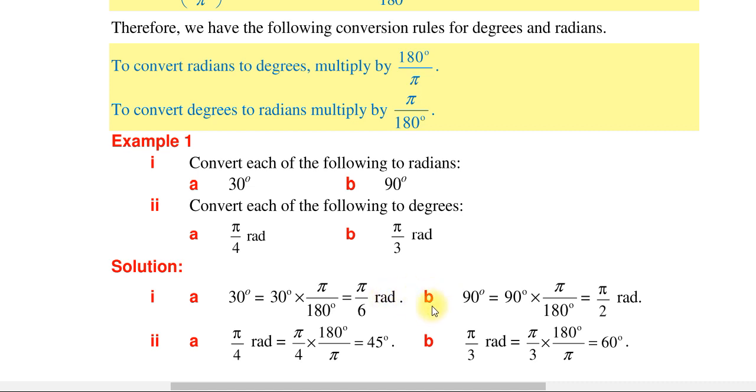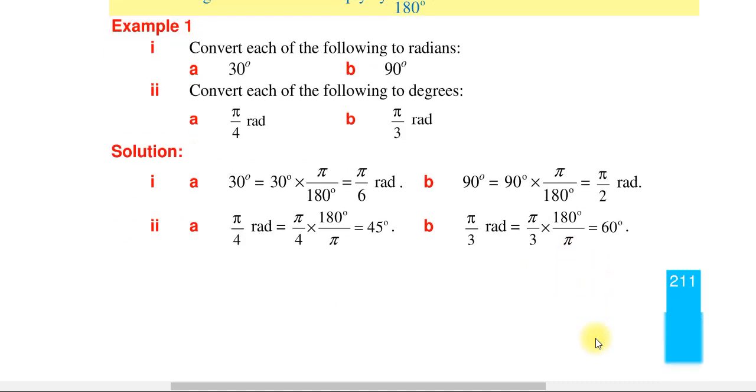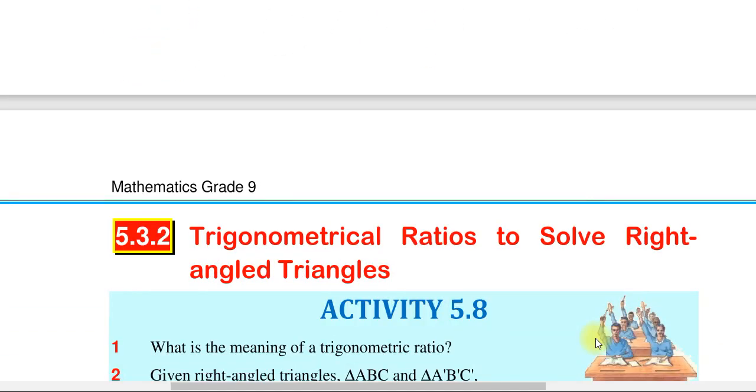Next, b, 90 degrees times pi over 180 is pi over 2 rad. To convert rad to degrees, we multiply by 180 over pi. So pi over 4 times 180 over pi is 45 degrees. And pi over 3 rad means pi over 3 times 180 degrees over pi, pi is cancelled by pi, which is 60 degrees.